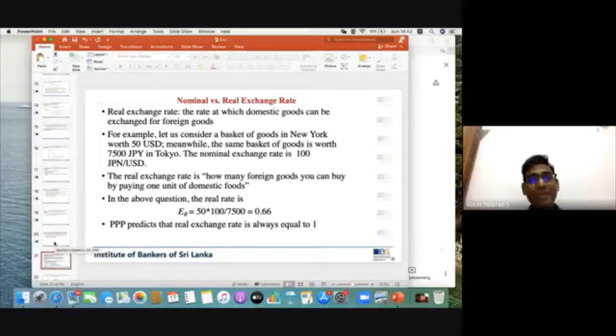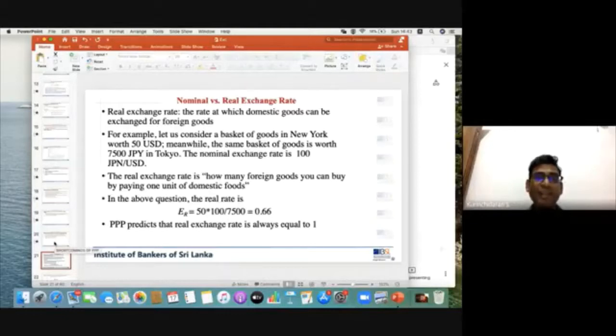But what is the price of the foreign good? That is $50, and your exchange rate is 100. So you have to pay 5,000 yen to get the same good from the US.